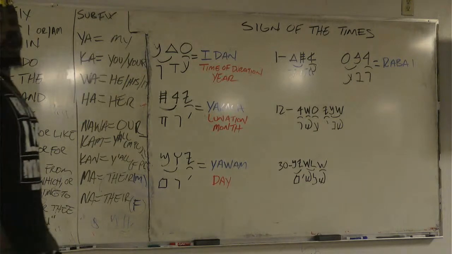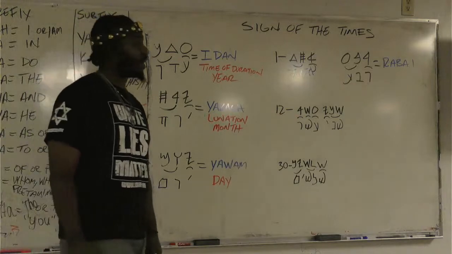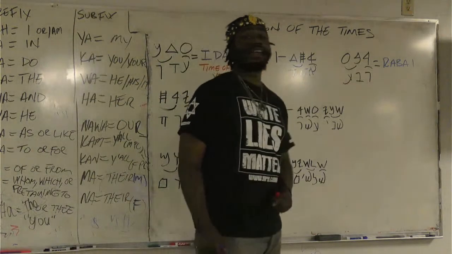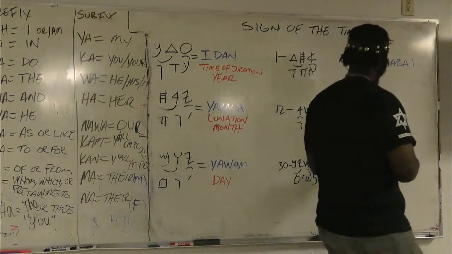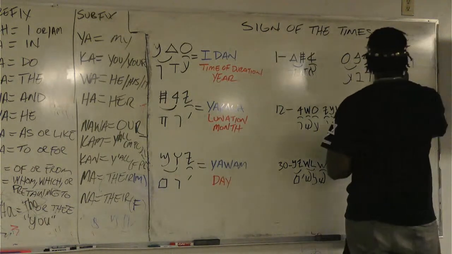Arabai. What is Arabai? 4. So Rabbi is a fourth, a quarter.